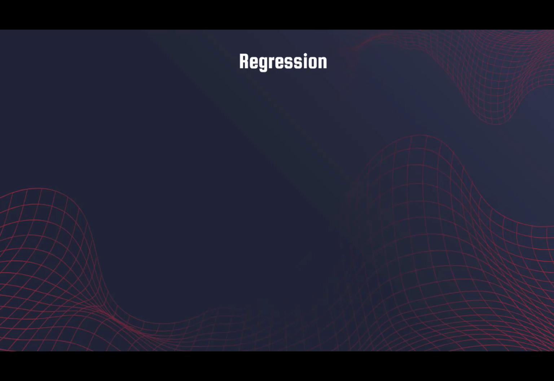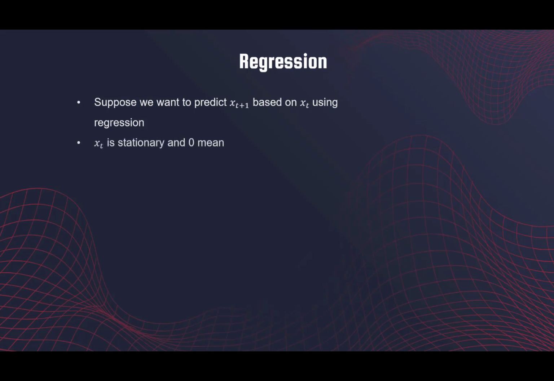Before we study what this PACF is, a little bit of regression. Suppose you want to predict x_{t+1} based on x_t, and we're going to use a linear model, that is, regression. We assume that x_t is stationary and has 0 mean.